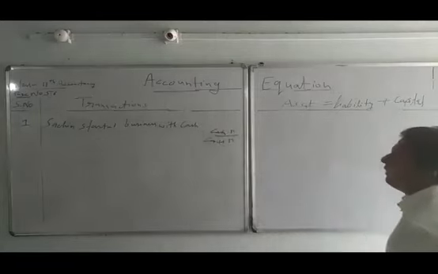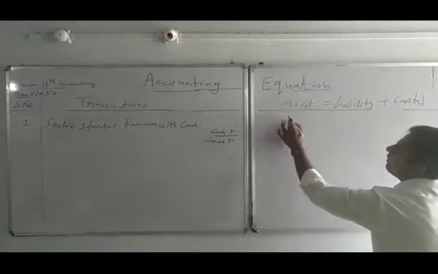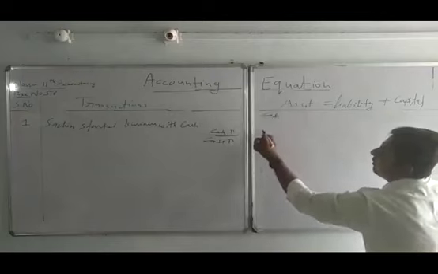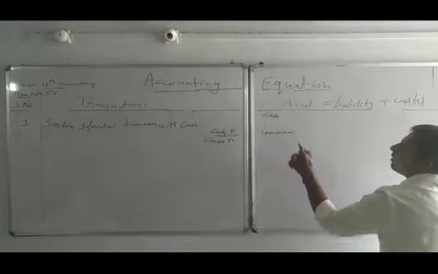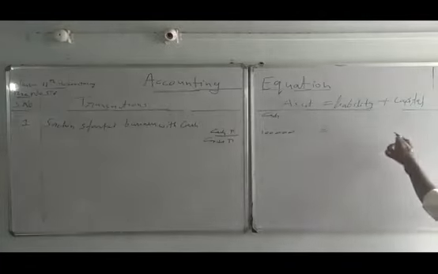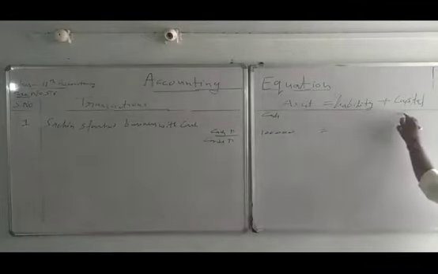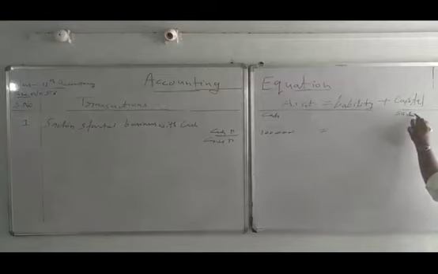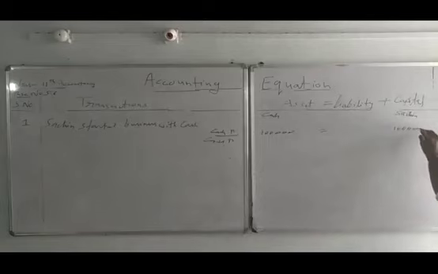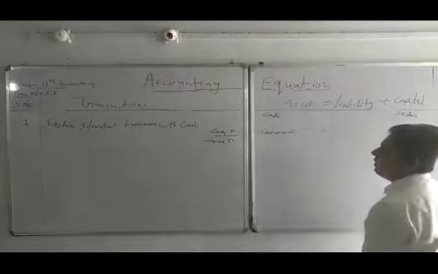That's why we are writing here: assets of 1 lakh increasing, so first of all we write in asset cash, an increase, which is equal to capital. Here the capital is of Sachin. How much amount invested? 1 lakh. Got it? This is the first transaction.